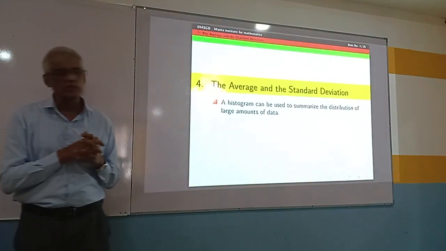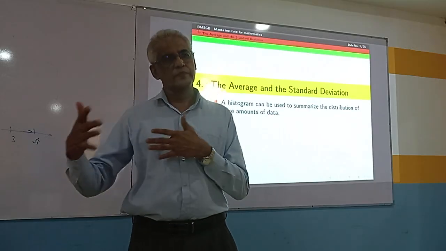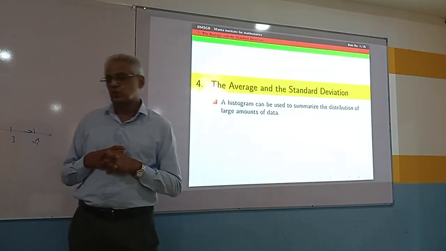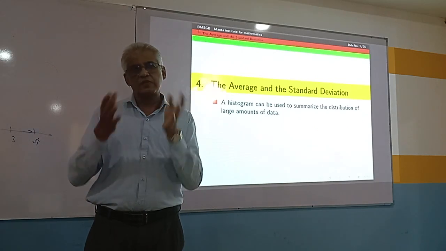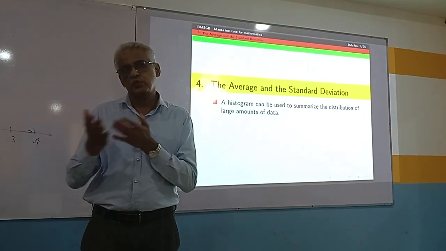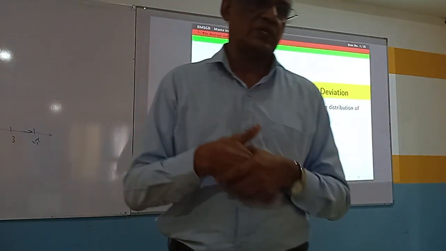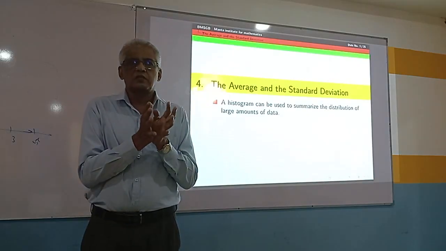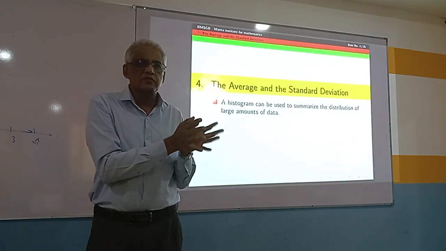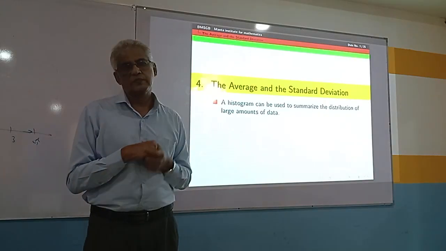But in the book, they have discussed only two things, the center and the spread. In order to describe the center, people use different types of measures depending on the situation. In some situations, some measures describe the center better than others.